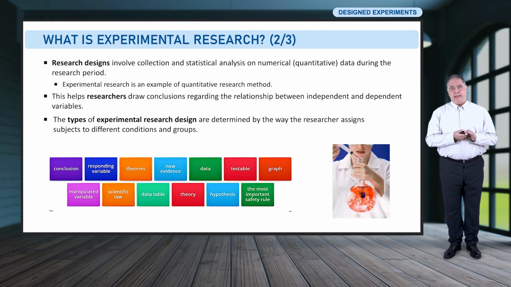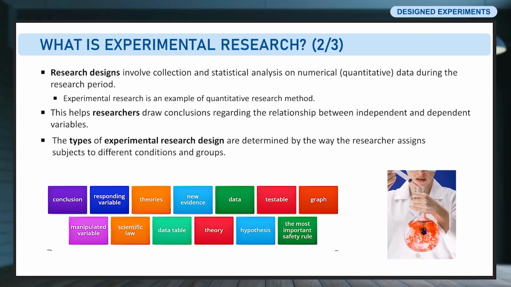Research design involves collection and statistical analysis of numerical, quantitative data during a predetermined research period. Experimental research is an example of quantitative research method, which is very typically used during the improve phase of the DMAIC.